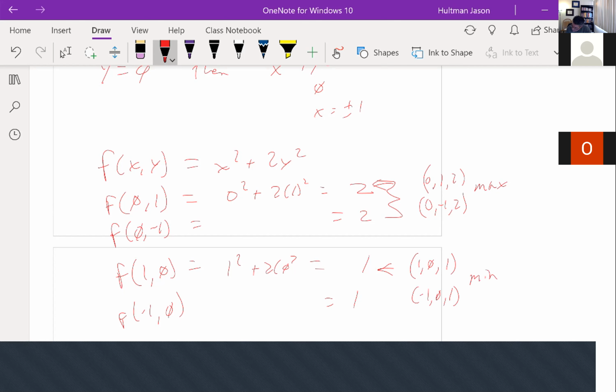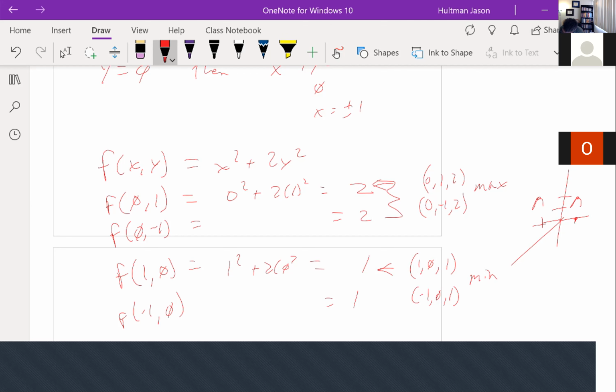Okay. So if we look at a graph here, where is 0, 1, 2? These are zeros in the x's. So y is out 1 in the y's, and then up 2. So I've got my maxes here. Okay, and then where do my minimums exist?